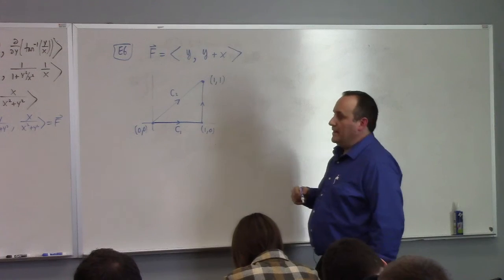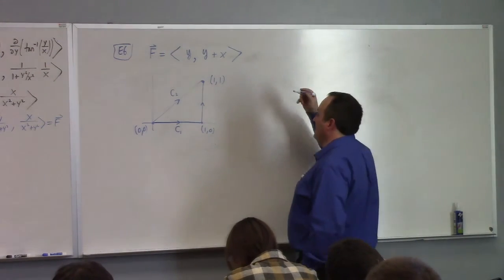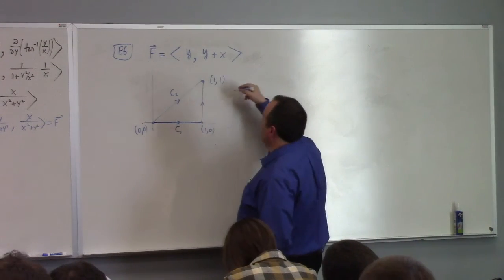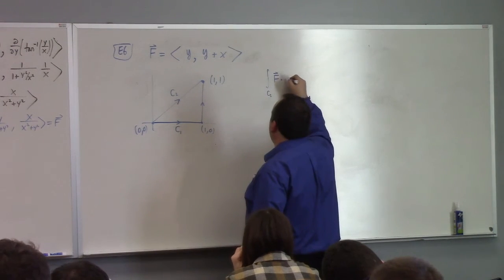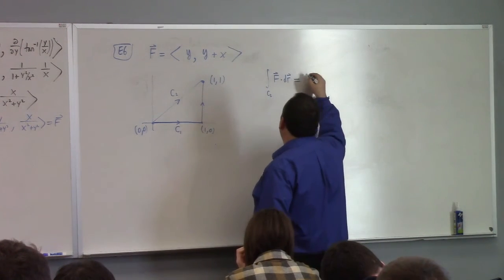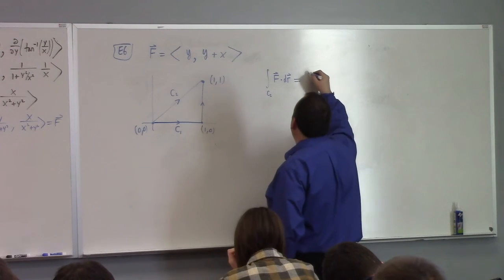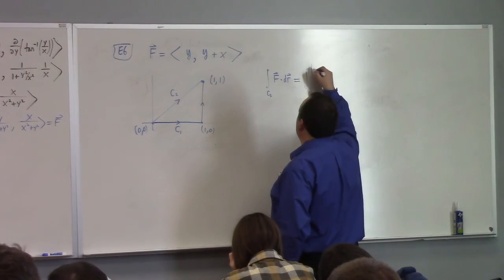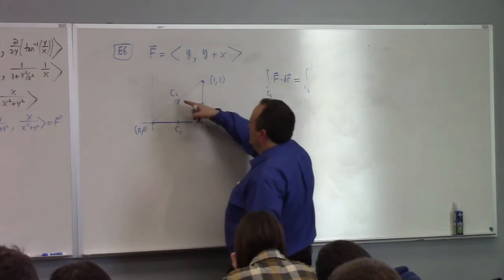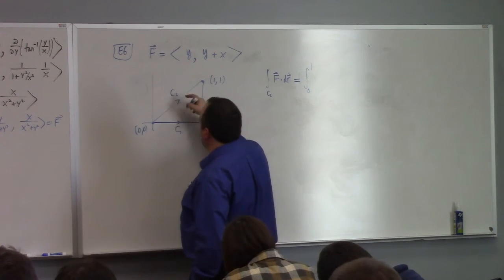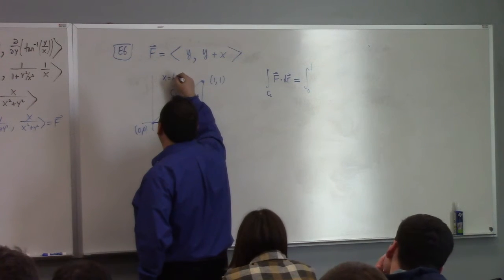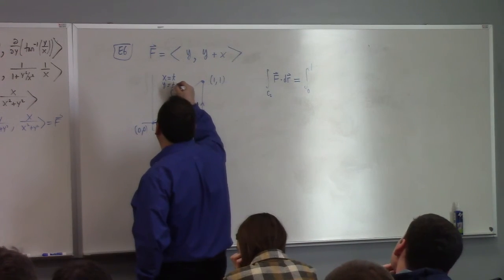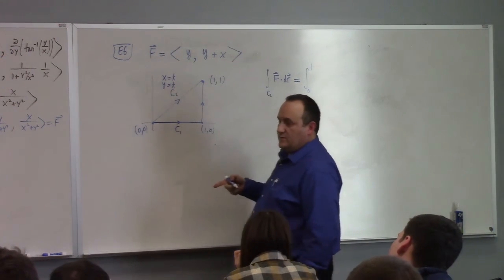To calculate the work done along C2 of f dot dr, I can integrate from 0 to 1. For C2, we put x equal to t, y equal to t, for 0 less than t less than 1.